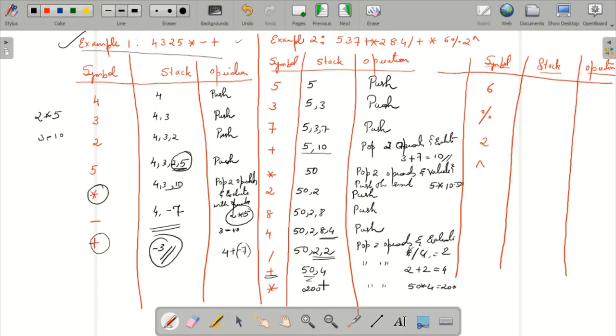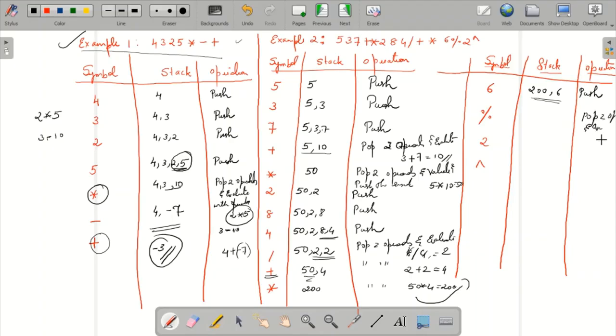Okay, the answer is 200. The continuation is over here. In the stack top you have 200. You got a 6, so again push. Next you have modulus. So pop these two; I'll just write pop two operands and evaluate.